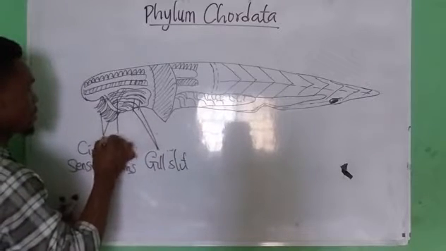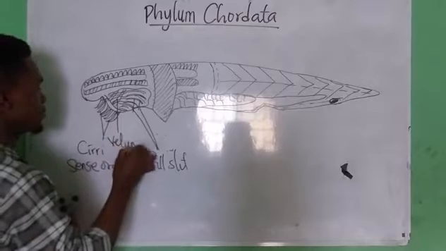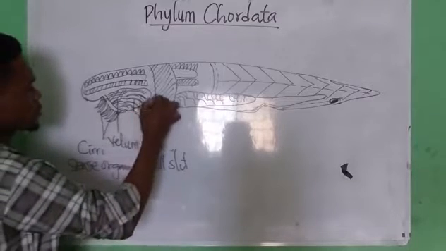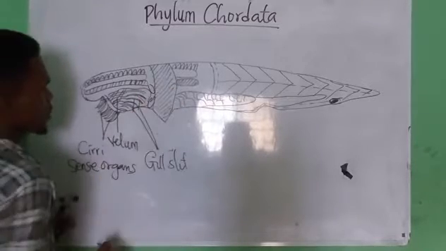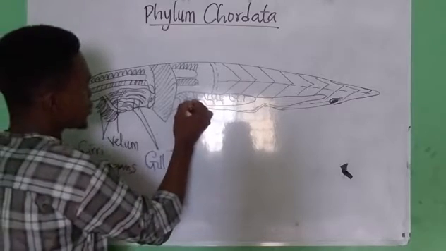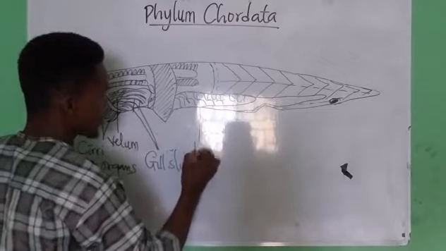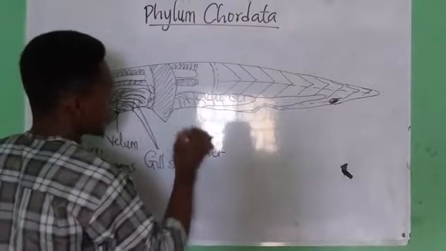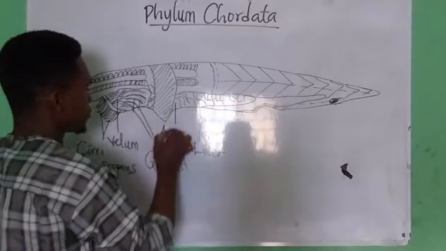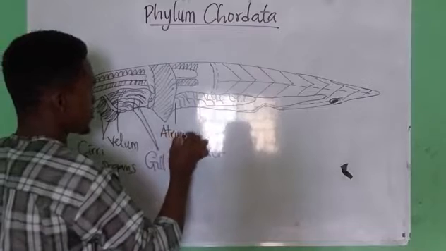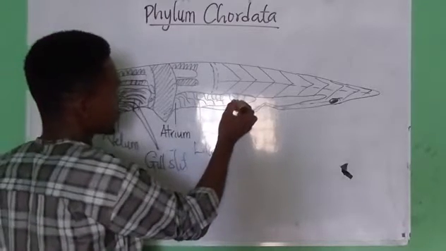This region you have the velum. You have some structures here like this. Now, around this region, you have the liver. Then here you have the atrium.